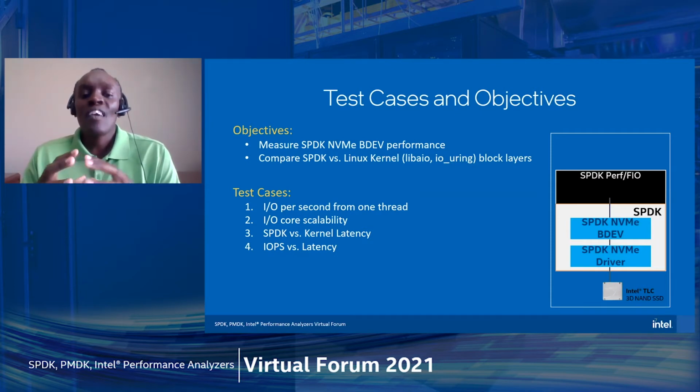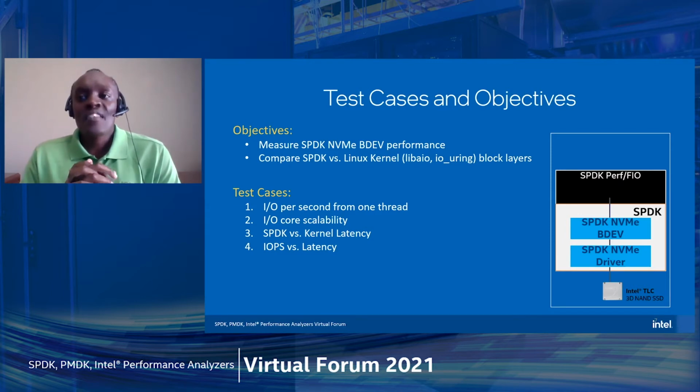In the first test case, we use a small block workload at high queue depth, and we measure the maximum number of IOPS that we can get on a single CPU core. We also measure the maximum number of IOPS that we can get on a single CPU core with the SPDK NVMe driver in this test case, so that we can show the overhead of using the NVMe BDEV instead of the NVMe driver directly.